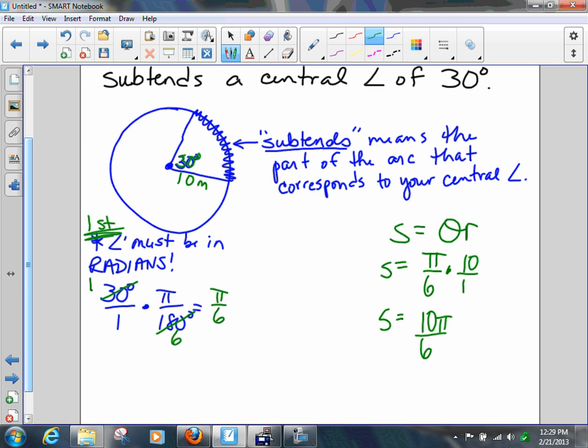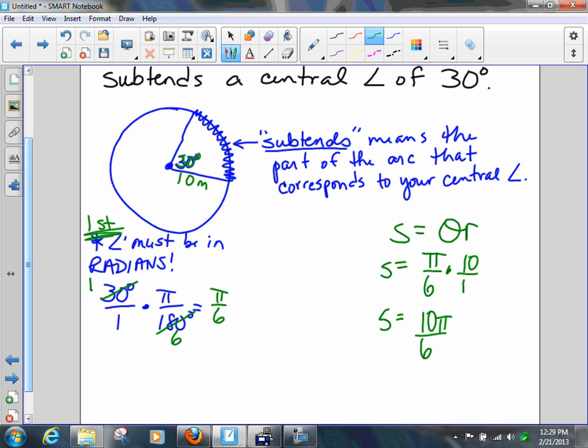Now, I want to ask you something. Arc length is a linear measure. That means I could take a ruler, a tape measure, and I could put it around that crust, and I could go, oh, look, it is such and such inches. Have you ever measured anything that was 10 pi over 6 inches long? Or 10 pi over 6 meters long? I mean, what does that ruler look like?